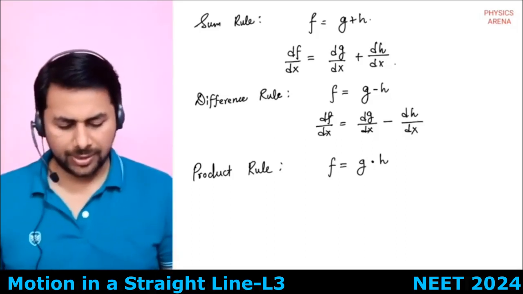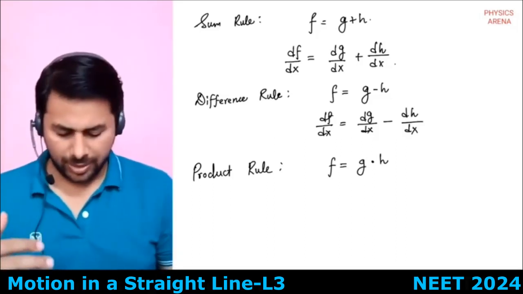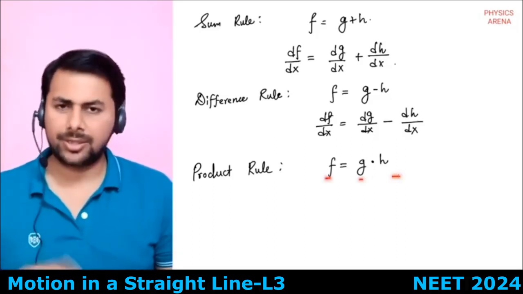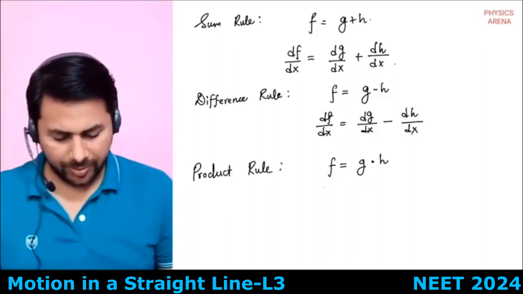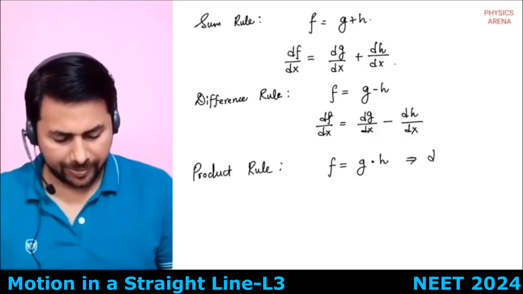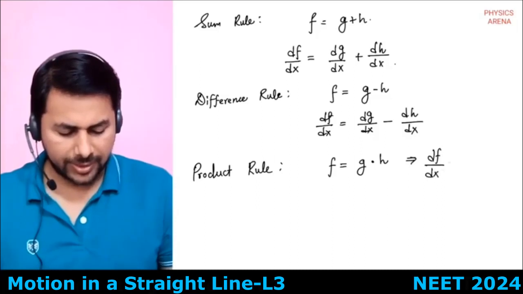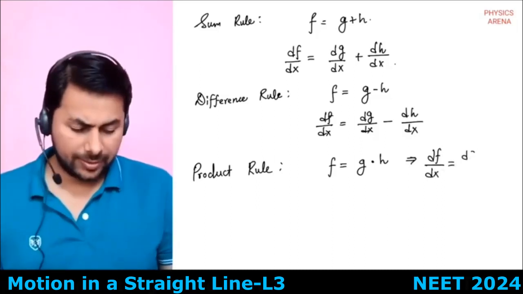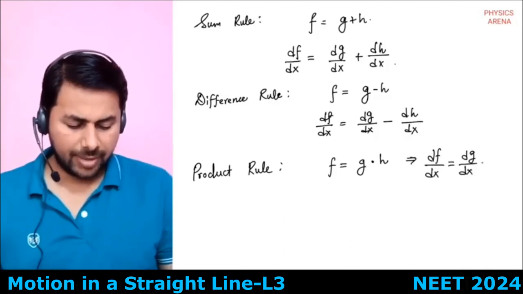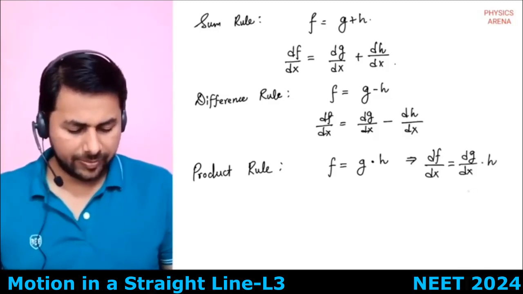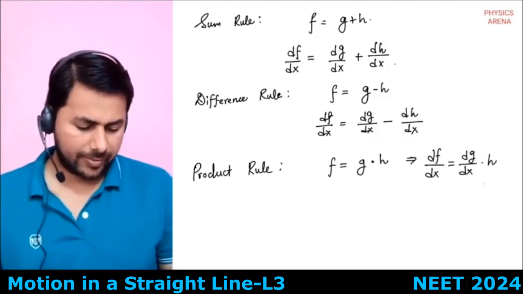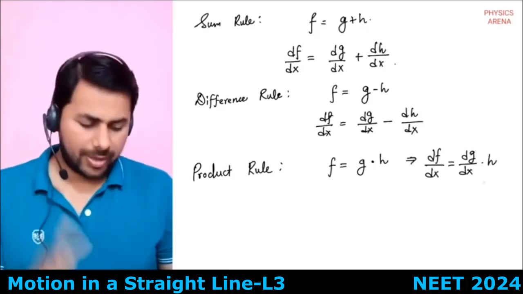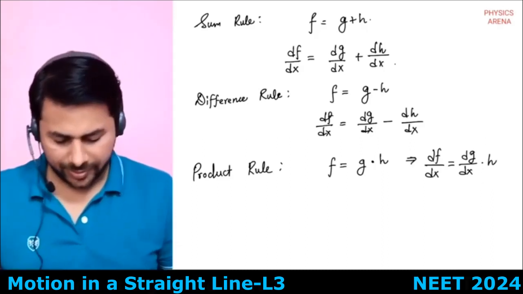That means you have some formula of f, g, h in terms of x. Then if I want to take the derivative of f with respect to x, it will be equal to the derivative of the first function, dg by dx, multiplied by the second function as it is, plus the first function as it is multiplied by the derivative of the second function.